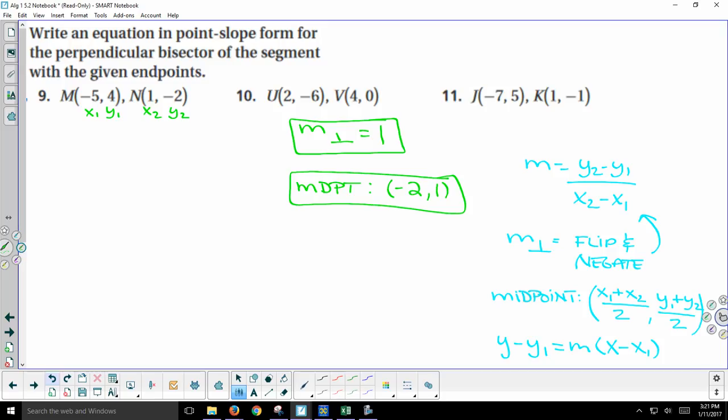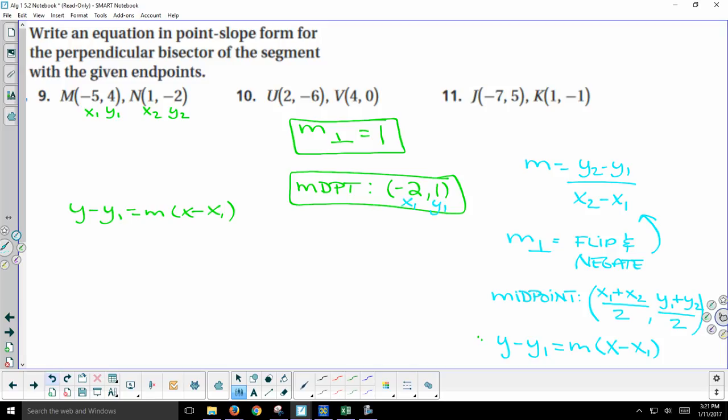I'm going to take what I know and plug it down here into my point-slope form. So y minus y1 equals m times the quantity of x minus x1. My midpoint happens at negative 2, comma 1. 1 is my y1 value. In fact, let's label this x1, y1.